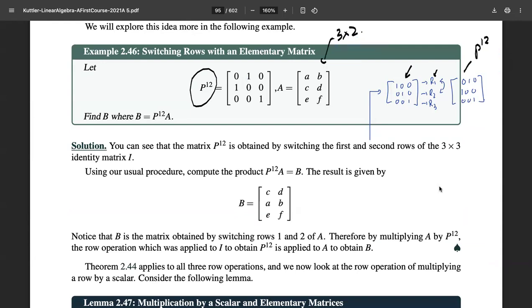You can see that if we do matrix multiplication P12 times A, I would get this matrix B. If we study matrix B, we can see that B can be derived from A by swapping the first two rows. So what I'm trying to say right here is multiplying A by matrix P12 is equivalent to just directly swapping the rows of A, which is what the theorem was telling us about.